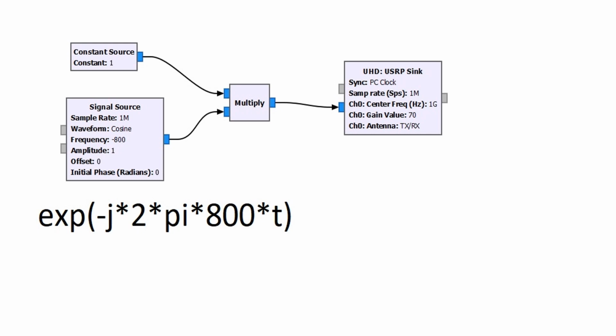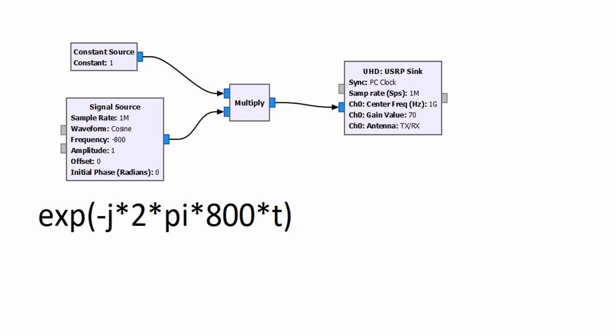And again, the blue means complex. So it says a waveform called cosine. It's not really a cosine. It's really the equation shown at the bottom. It's a complex phasor.